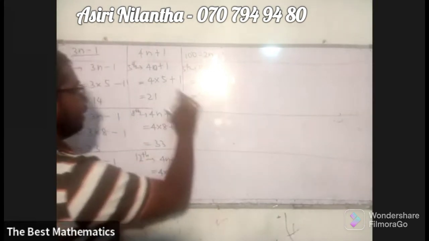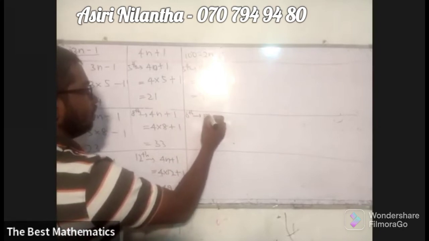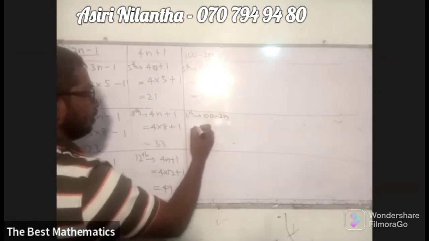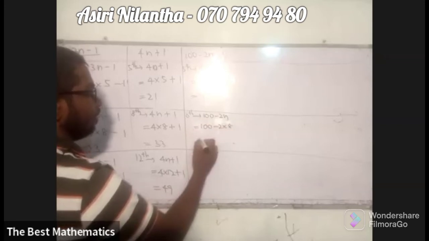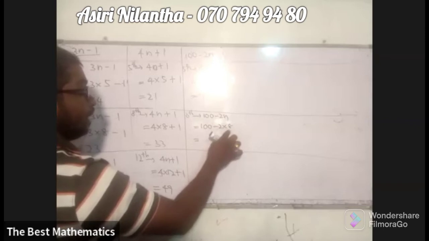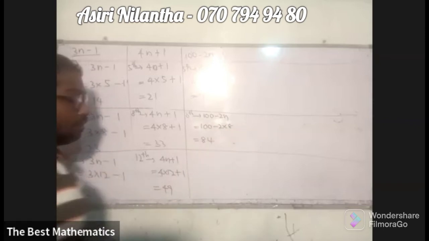Okay, then the 8th term of 100 minus 2n: 100 minus 2 times 8. 2 times 8 is 16. 100 minus 16 is 84.